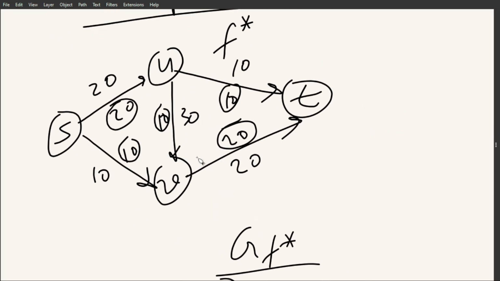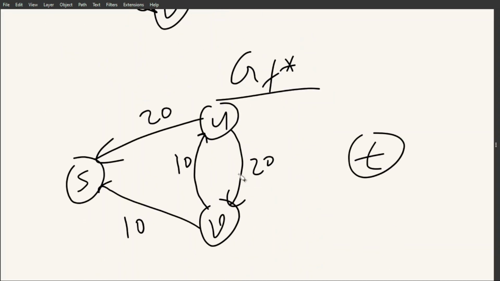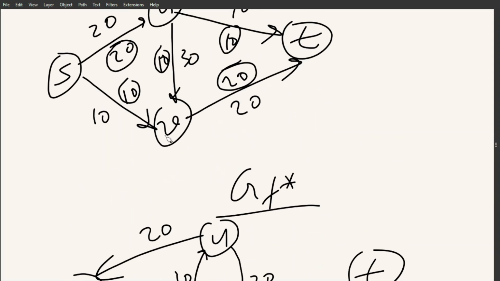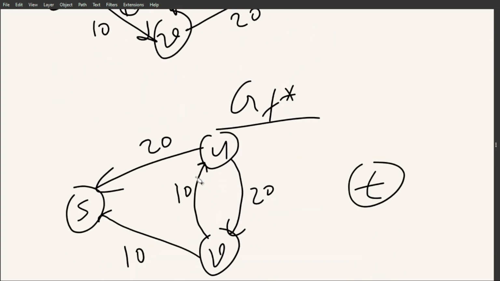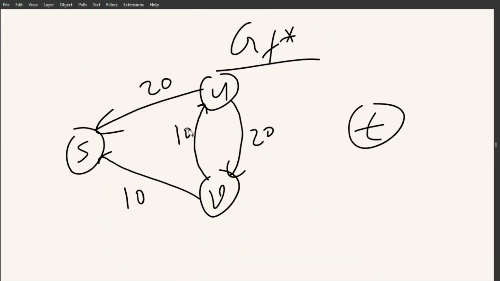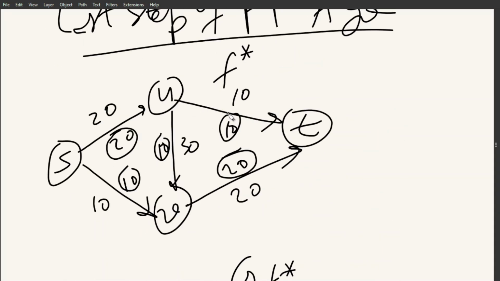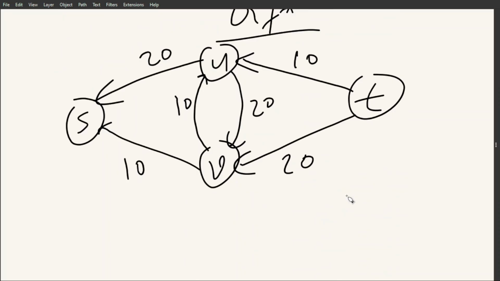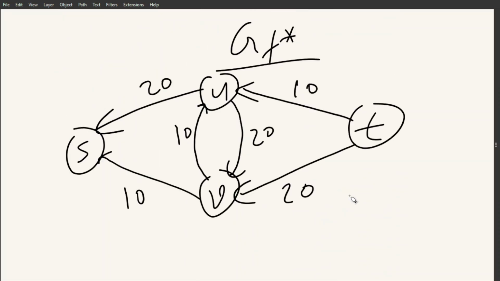The forward edge we can increase by 10 up to 30, so the difference is 20. So the forward edge has weight 20, and the backward edge has the value of the flow, 10, which we can decrease. Then finally we have backward edges 10 and 20, because the flow is full here, so we cannot have a forward edge, only a backward edge with weight equal to the value of the flow, 10 and 20. So this is the final residual graph that we found using the Ford-Fulkerson algorithm.